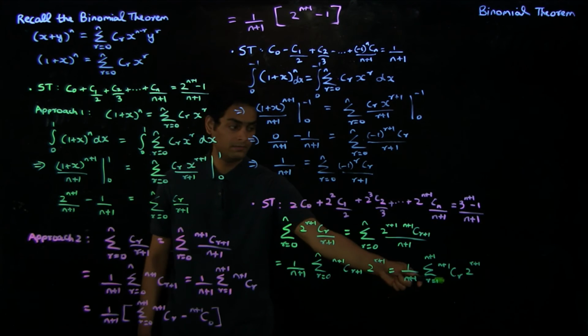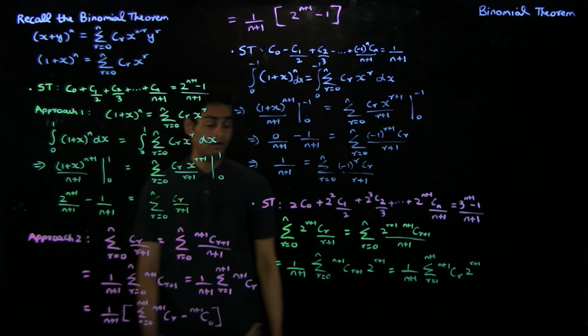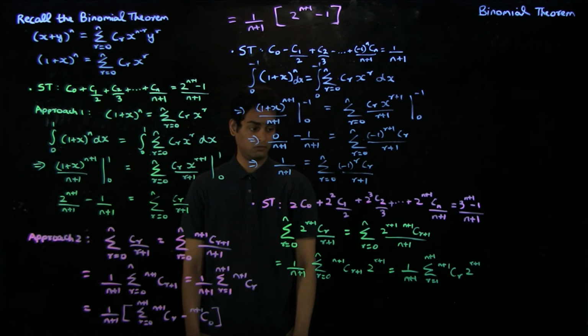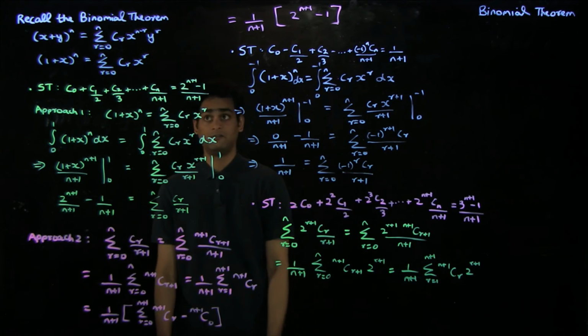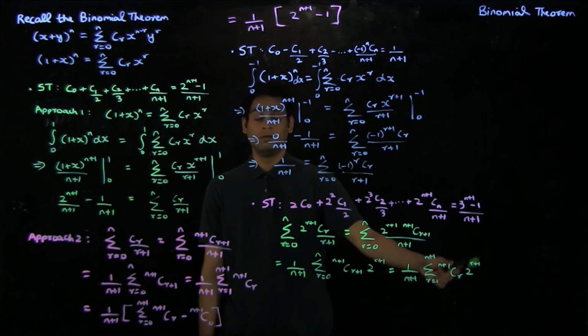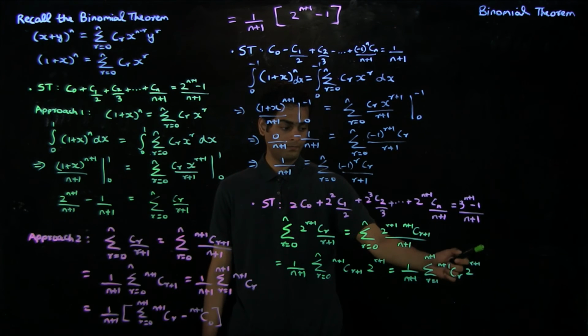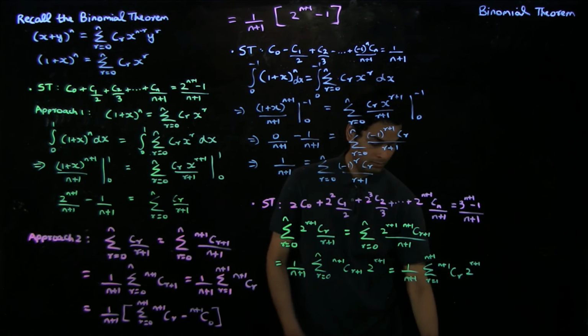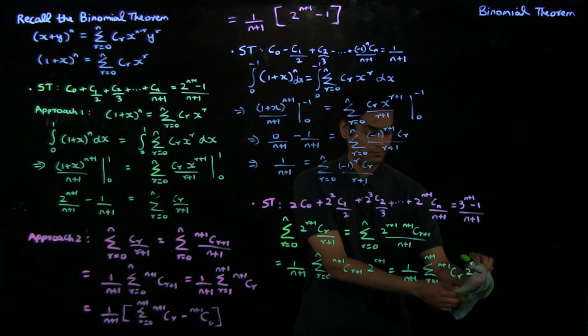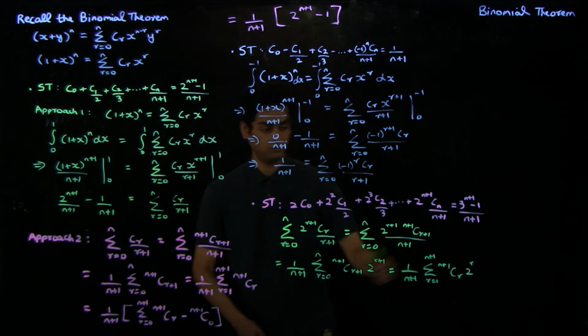So when you compare this summation to this summation here, where you replace n with n plus 1, you notice that you're missing the r equal to 0 term. But apart from that, I'm sorry, I've got to replace r plus 1 with r even in 2 power r plus 1.